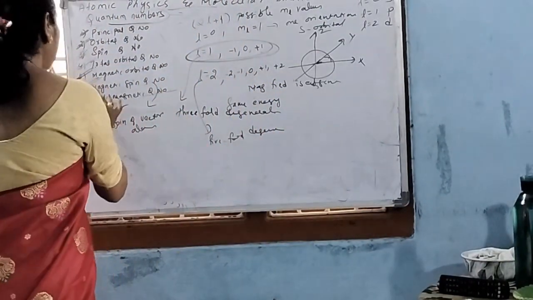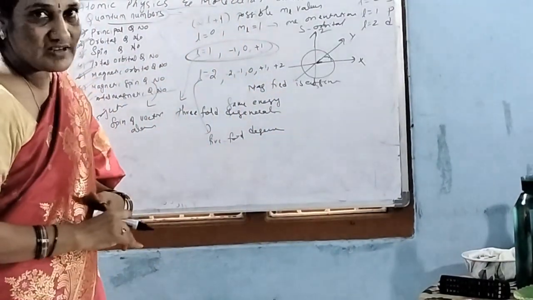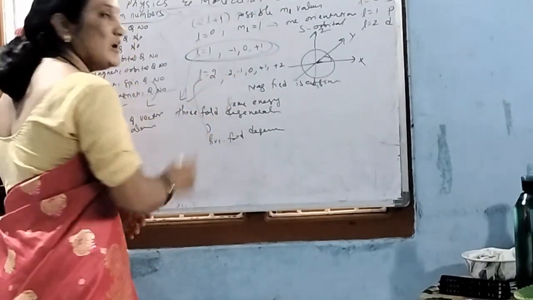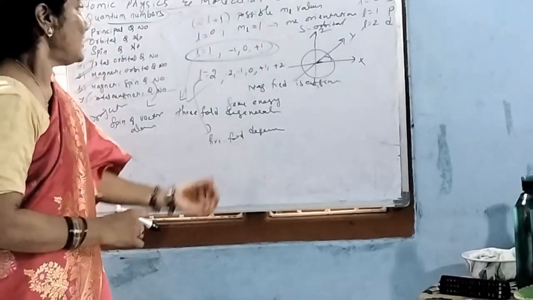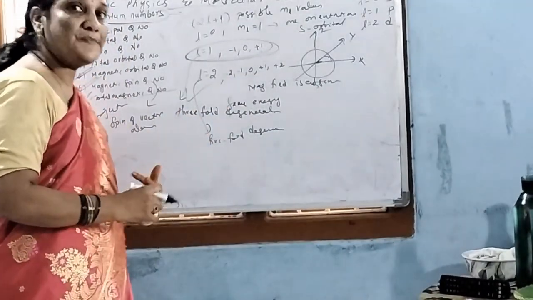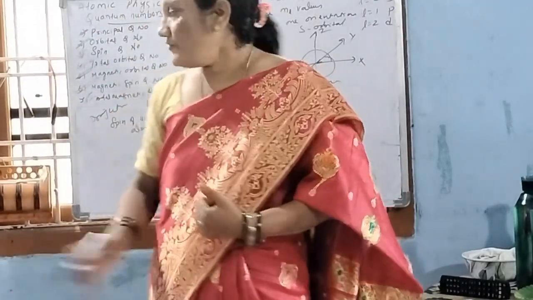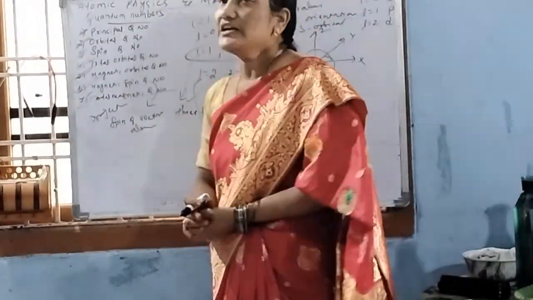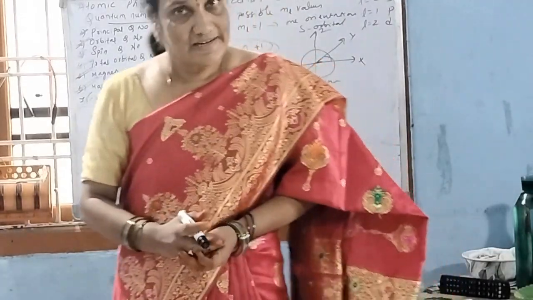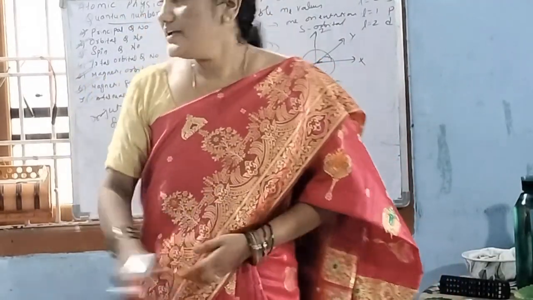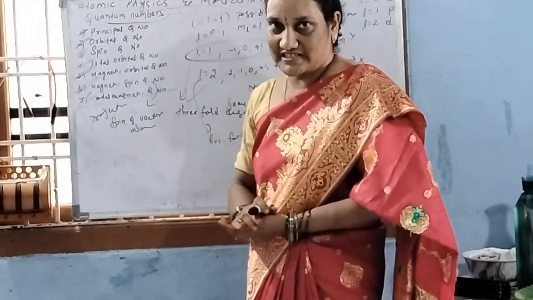And the last one is the total magnetic quantum number. It explains the magnetic orbital quantum number plus the spin quantum number. The combined effect of both we call the total magnetic quantum number. So these are the 7 quantum numbers.